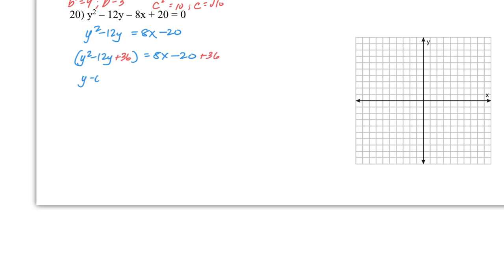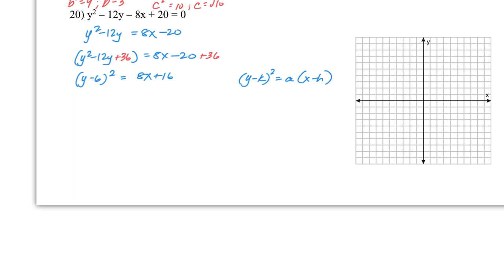I'm going to get (y minus 6) squared equals 8x plus 16. Now, you would think you were done, but remember that the formula looks more like this. It's going to be (y minus k) squared equals, I'm trying to figure out, remember the formula, a times (x minus h). So I need an a times something.